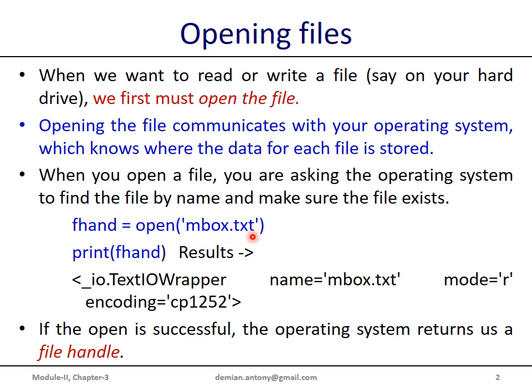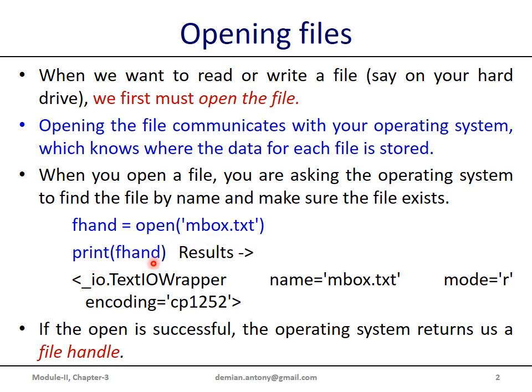If the file resides in some other location, then you have to specify the complete path, that means fully qualified file name. And this open method returns a file handle, and this file handle is nothing but a pointer of the buffer that is being allocated for a file called emboss.txt in the main memory.